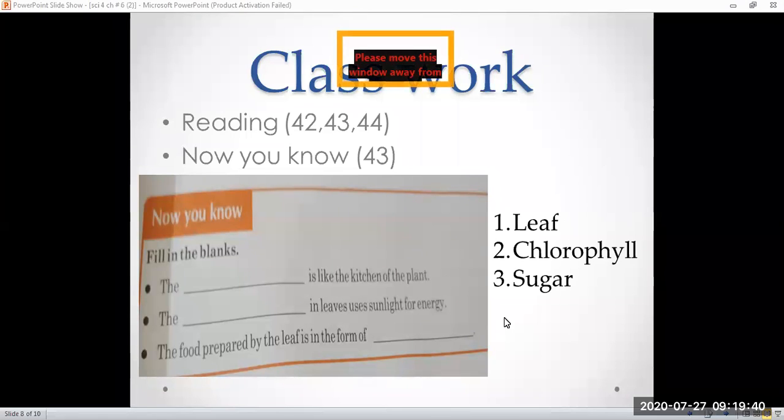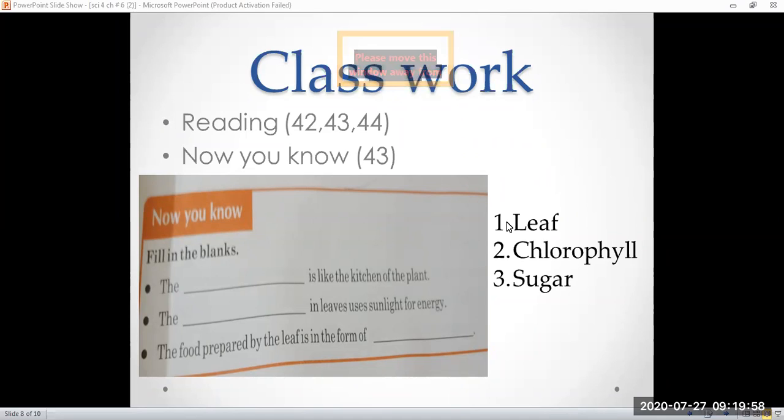The leaf is like the kitchen of the plant. Leaves have a green substance called chlorophyll. The chlorophyll absorbs sunlight that falls on the leaf. At the same time, carbon dioxide from the air enters the leaf through the stomata.